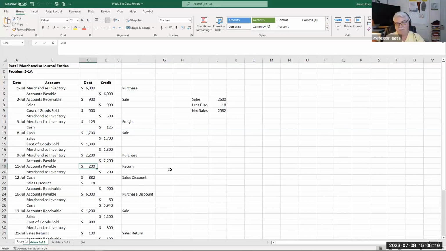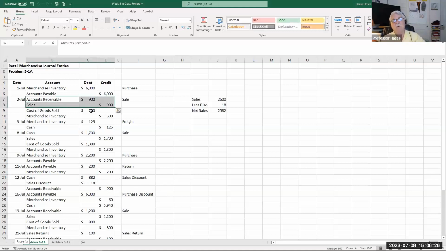The next transaction is an interesting transaction because in this transaction, it says that we're selling our product. We're collecting. Remember up here, we had this accounts receivable for $900. Well, part of the sale was you can get a discount of 2% if you pay within 10 days of the invoice.